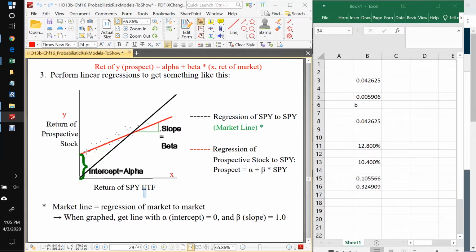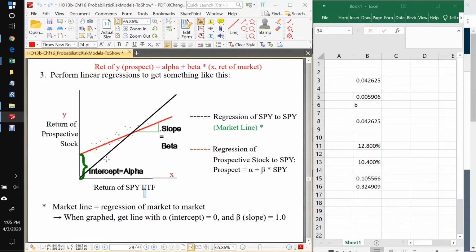And then the regression plots this best fit line, that's the red line there, and the slope, as always, is beta, and the intercept, which answers the question, how does our stock do on average when the market is returning zero? Our intercept alpha is here. So this is our regression line.